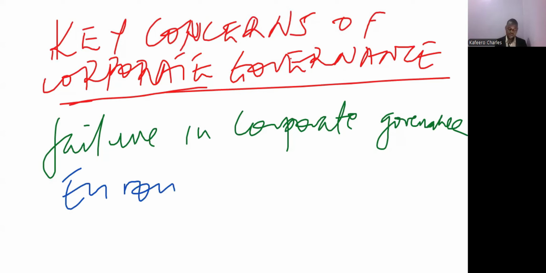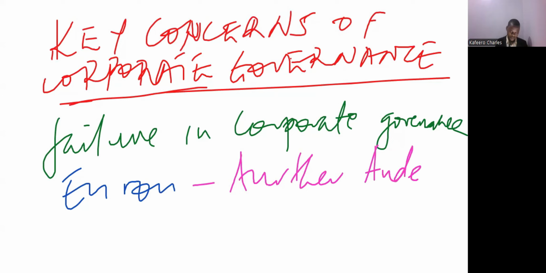Enron was actually a very powerful company, and it was being audited by Arthur Anderson. If you try to Google Arthur Anderson, you will get the details of who that auditing company was.